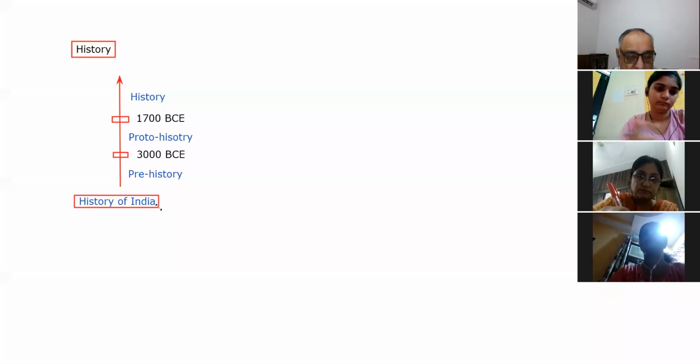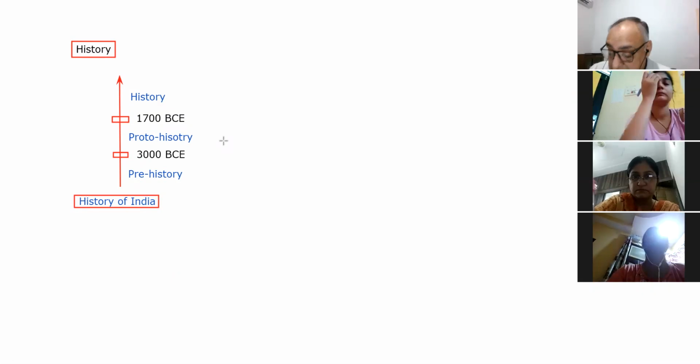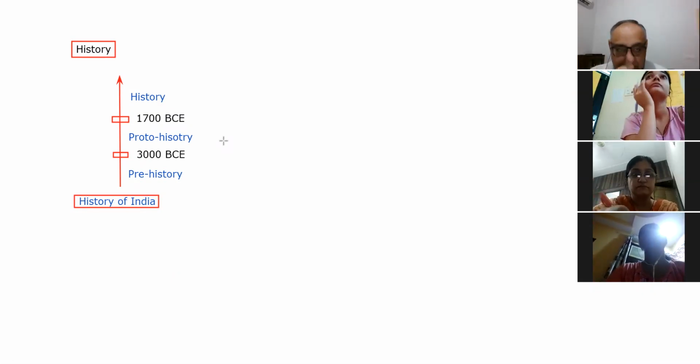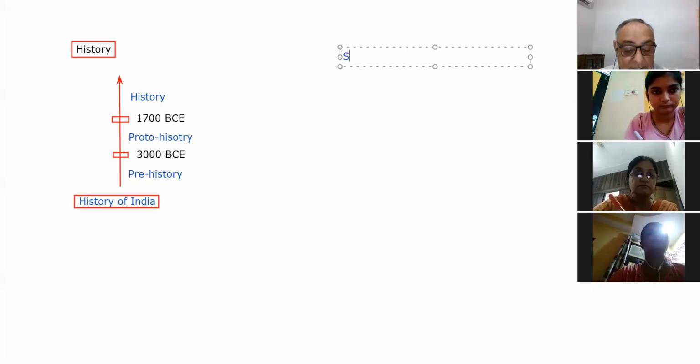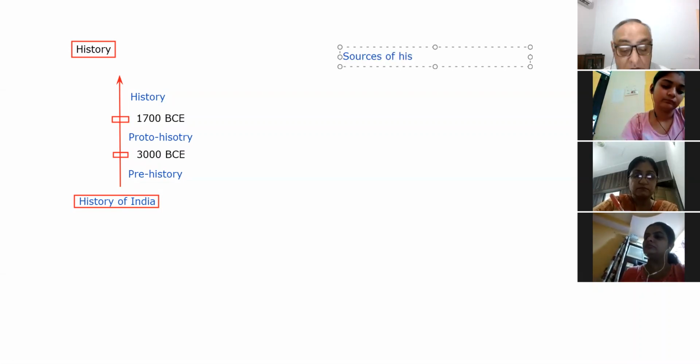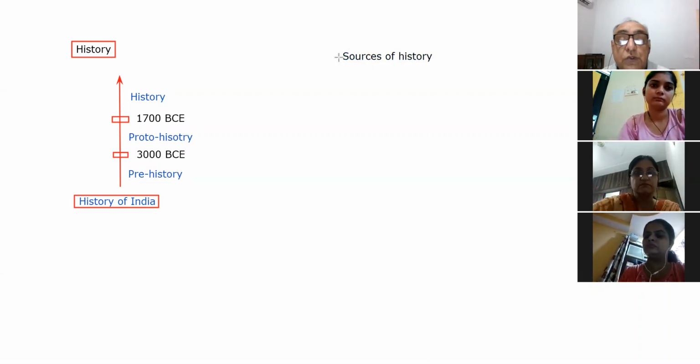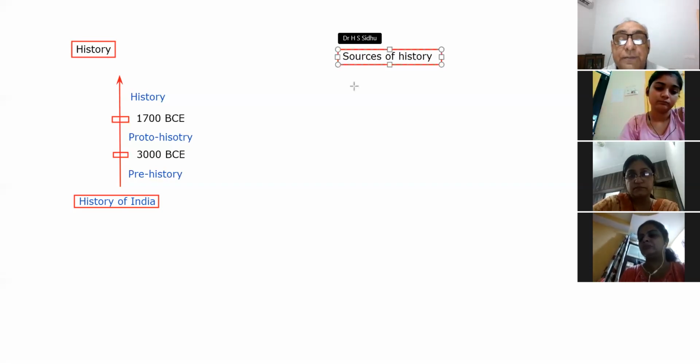Now the next important point: first we will talk about the various sources of history. As far as the sources are concerned, we can divide them into two broad categories.